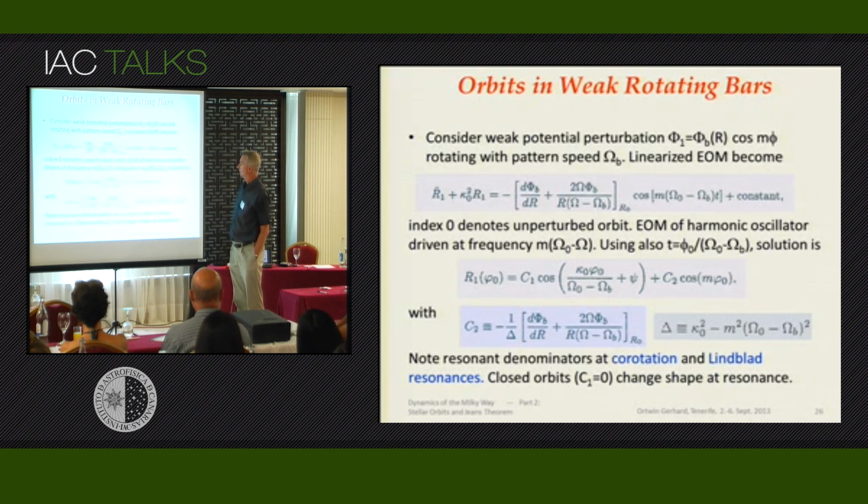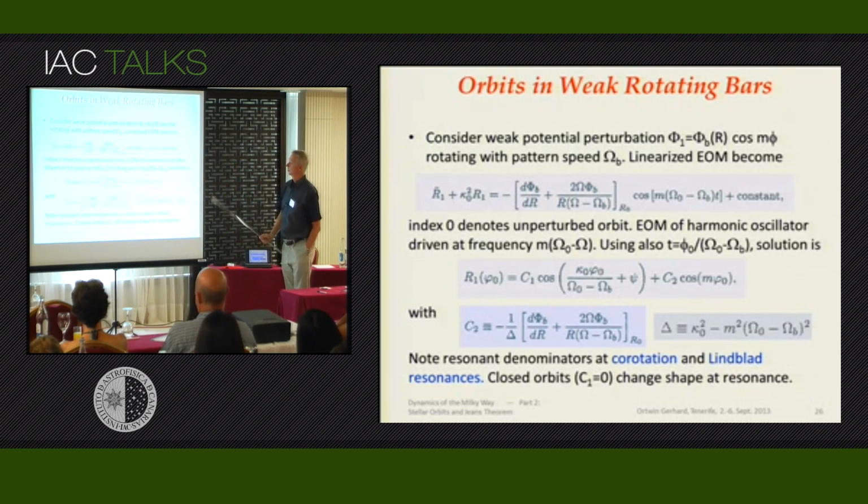Now, suppose we set this C1 equal to 0, then you can see that this term here closes after a number of oscillations m, and so that's a closed orbit perturbation in this plane.